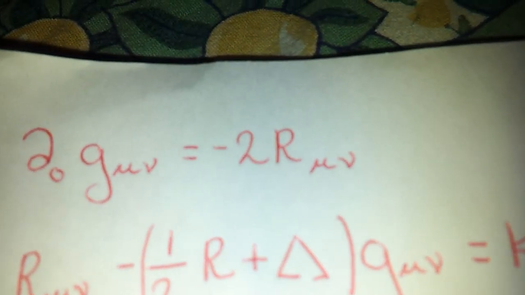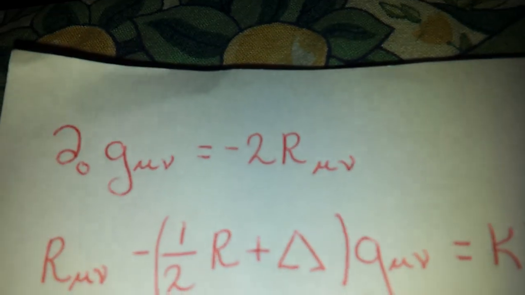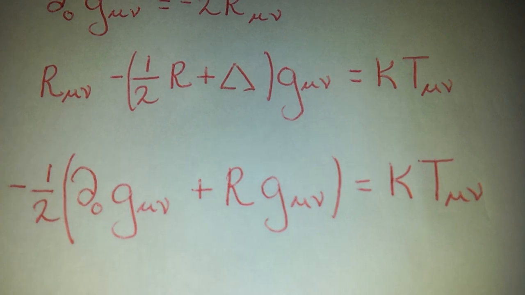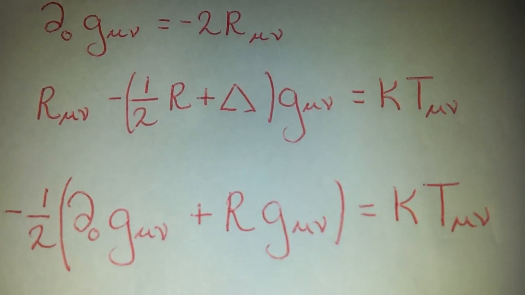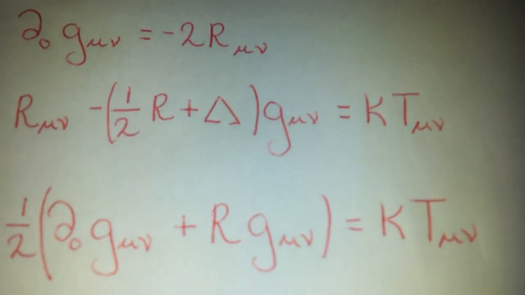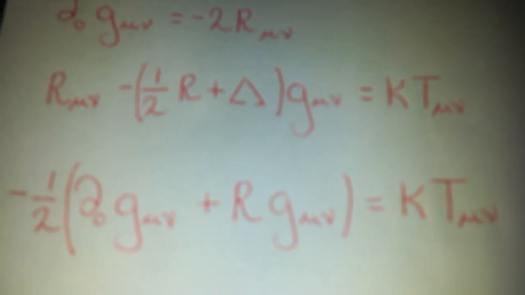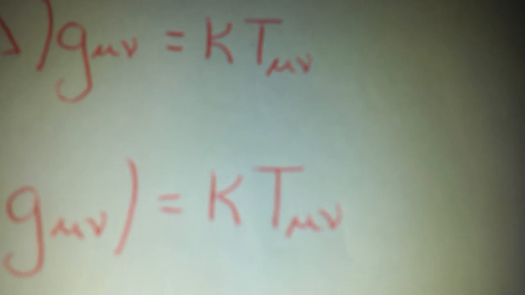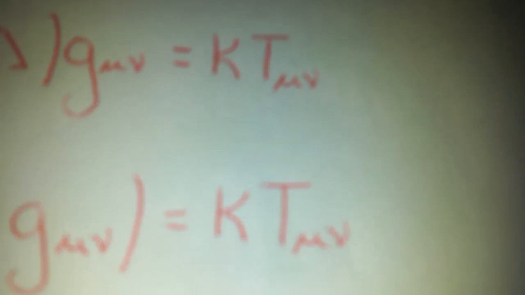So we plug in this Ricci flow equation into the Einstein field equations, and the conservation laws in general relativity are encoded by the covariant derivative of this stress energy momentum tensor being 0.